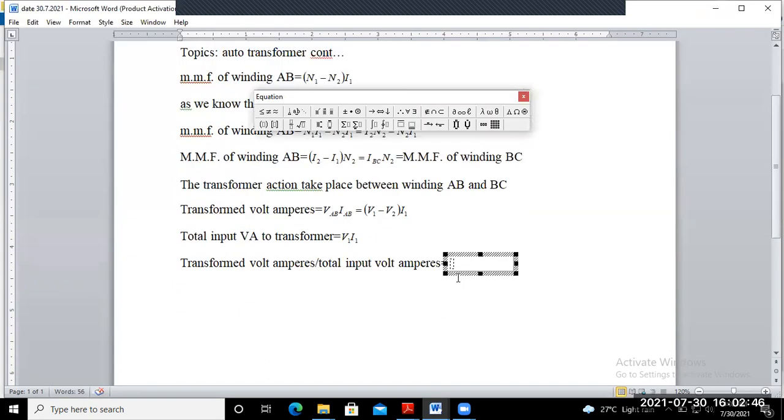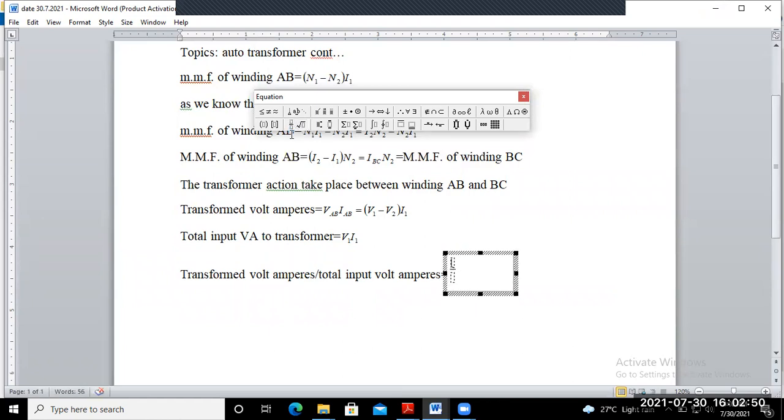So here the calculation: V1 minus V2 into I1 divided by V1 into I1. Good.